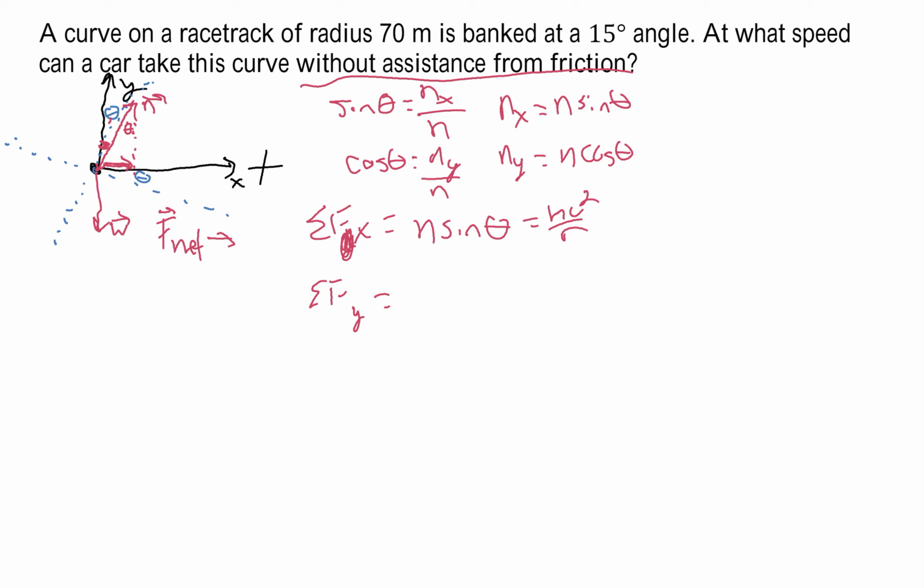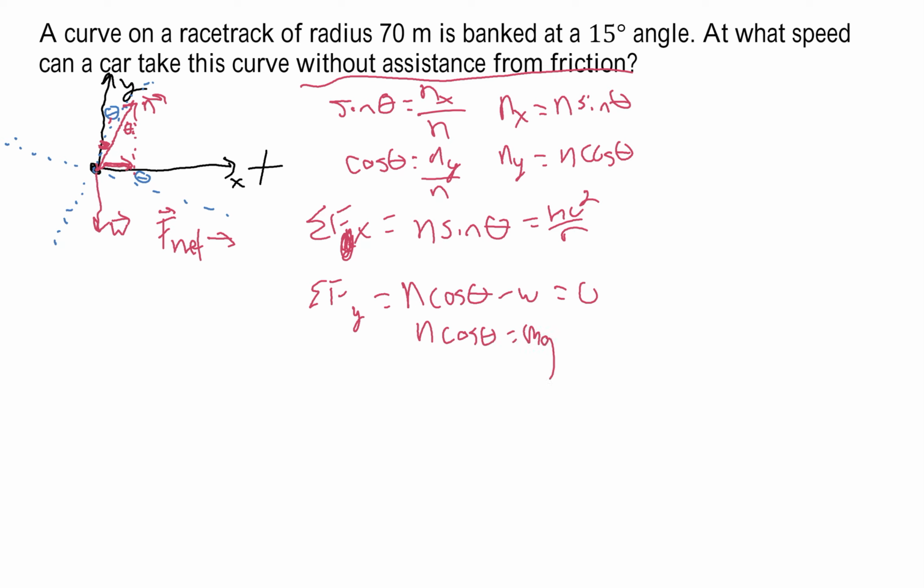So we have the normal in the y direction up, but the normal in the y direction up is just normal cosine theta, and then minus the weight equals 0. Weight is mg, so I'm going to move that weight over. So I have normal cosine theta equals mg.